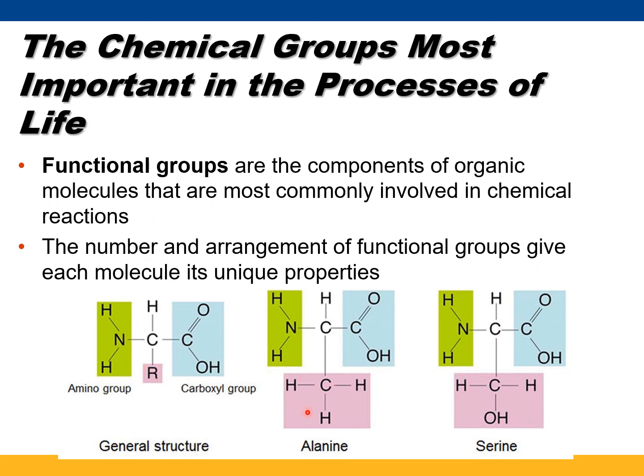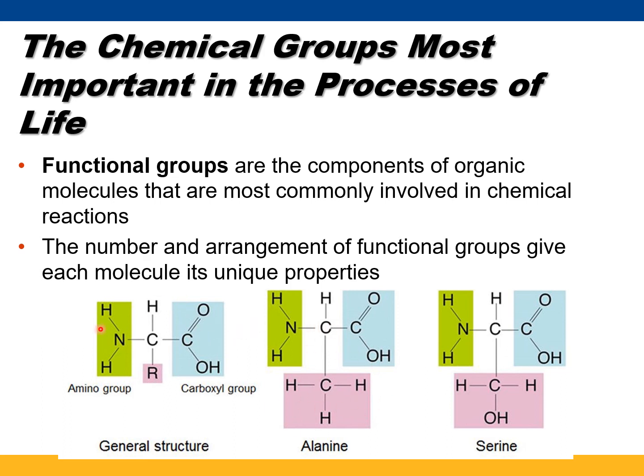We can put a methyl group, CH3, or we can put a methanol group like CH2OH. That gives these two amino acids different chemical properties. This one's a little more polar, a little more aqueous. This one's a little more non-aqueous, a little more hydrophobic.